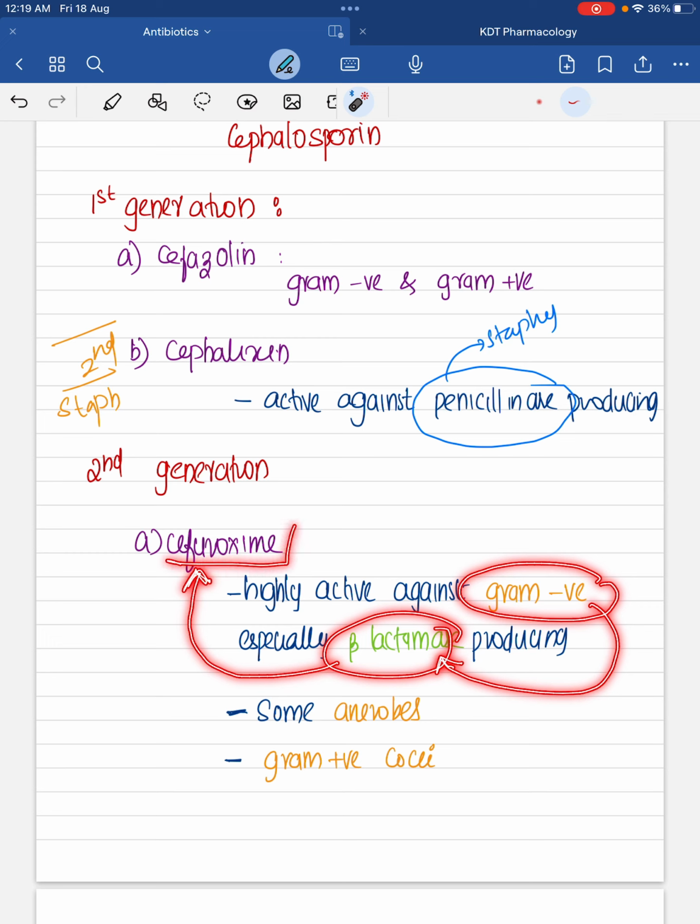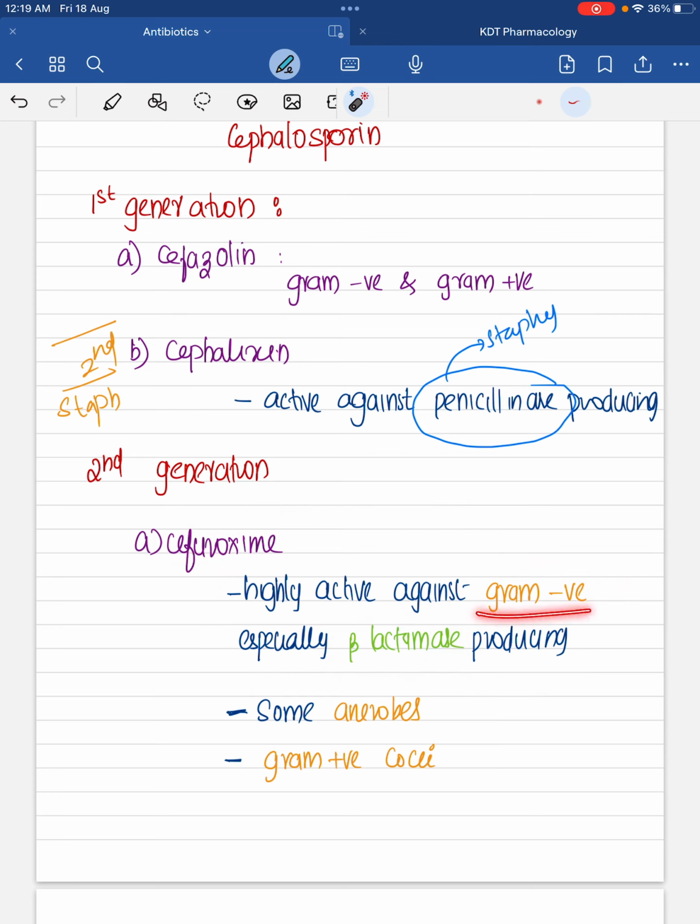So cefuroxime will act against the gram negative organism even though they produce beta lactamase. This much clear. The other group is some anaerobes and some gram negative cocci also.